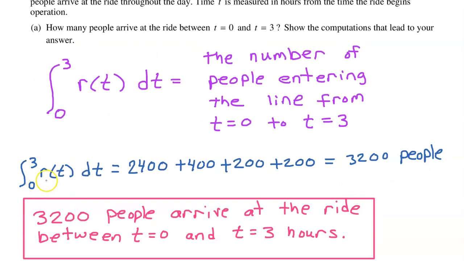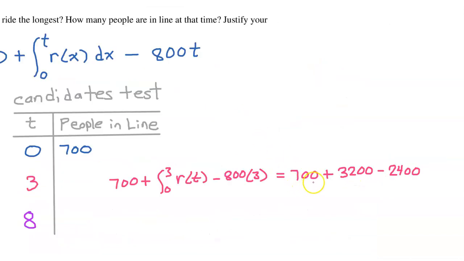The integral of r of t from 0 to 3 is what we found in part A, 3,200 people. So that's your 700 plus 3,200 minus 2,400, 800 times 3, which gives us 1,500 people in line.